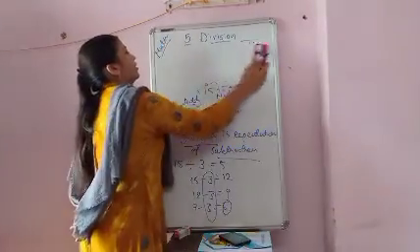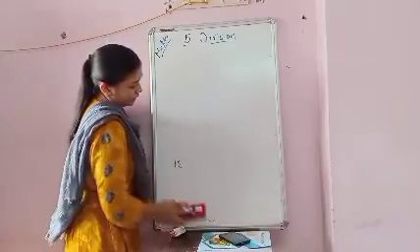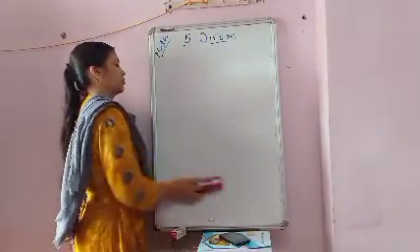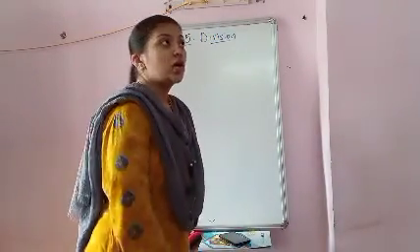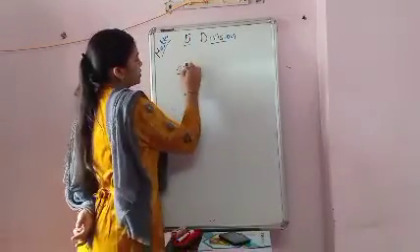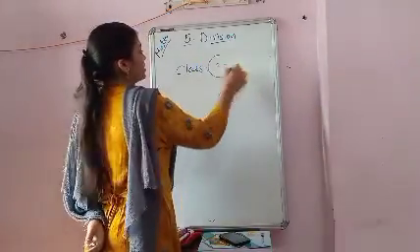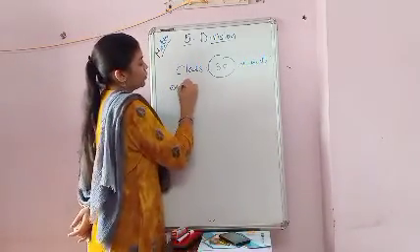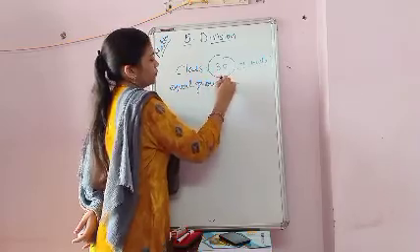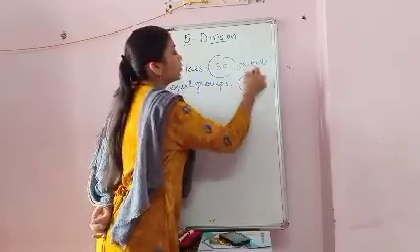Okay, so I am giving an example of division. In our class, let's take 30 students. For example, in our class there are 30 students, and I have to divide these 30 students into 3 equal groups.